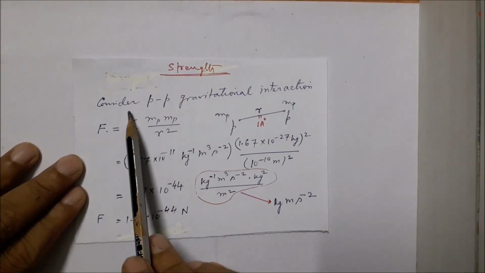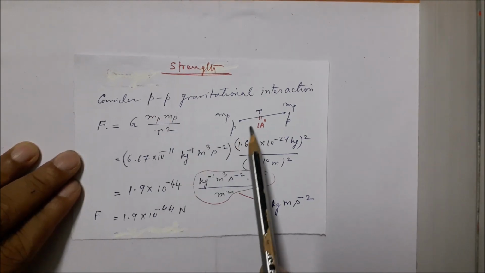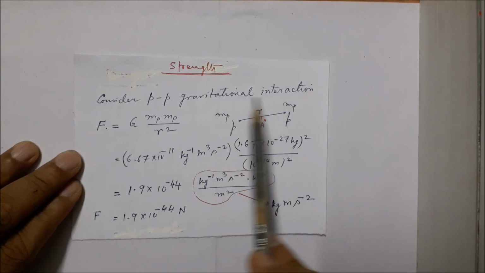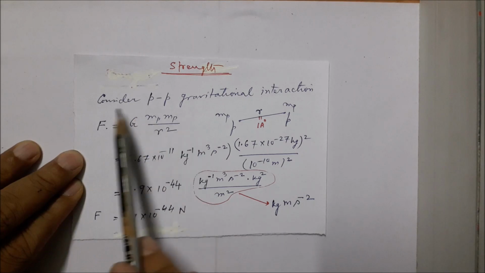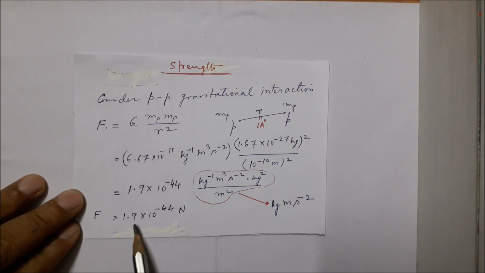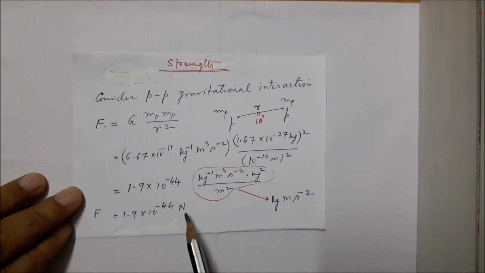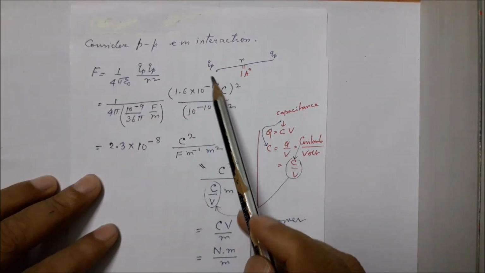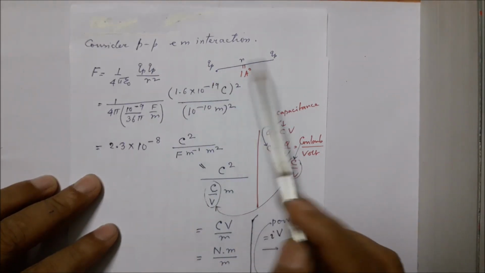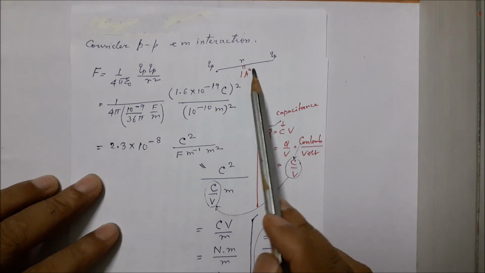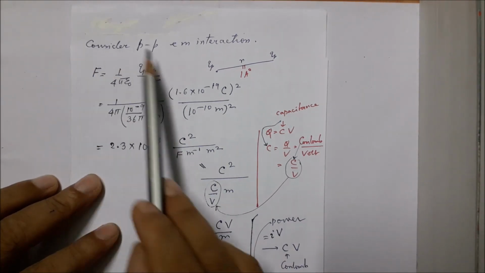Let us consider 2 protons separated by 1 angstrom distance, and let us consider their gravitational interaction using Newton's law of gravitation. When things are put correctly, we end up with a force between the 2 protons of 10 to the power minus 44 Newton. Let us now find the electromagnetic interaction between those protons separated by 1 angstrom distance, and that we do by using Coulomb's law.